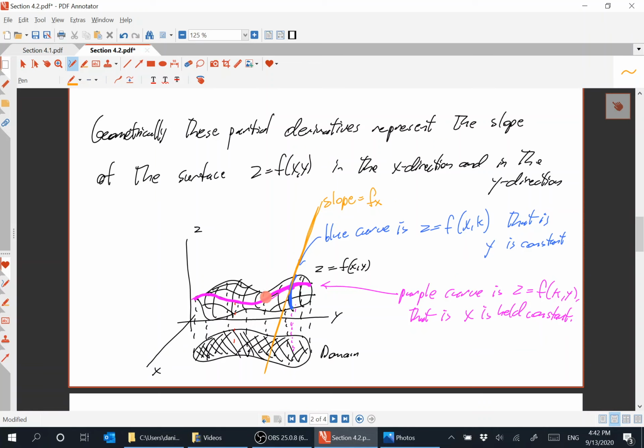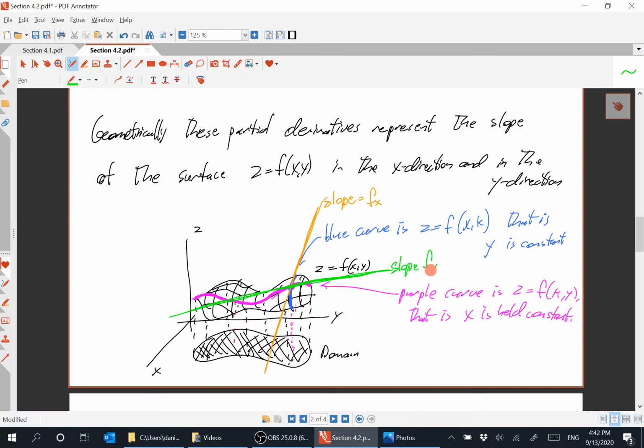The slope of the purple curve is this green line.